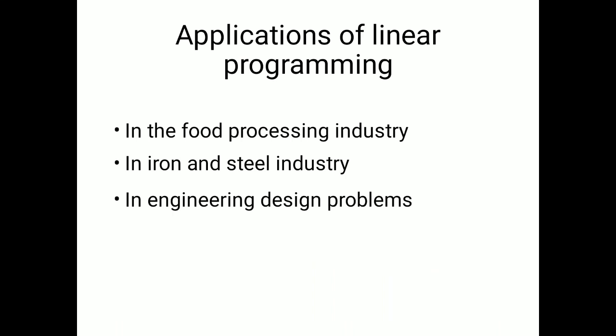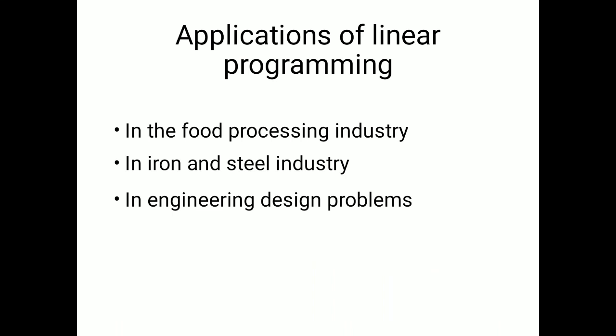In the iron and steel industry, linear programming was used to decide the types of products to be made in their rolling mills to maximize the profit. Metalworking industries use linear programming for shop loading and for determining the choice between producing and buying a part.